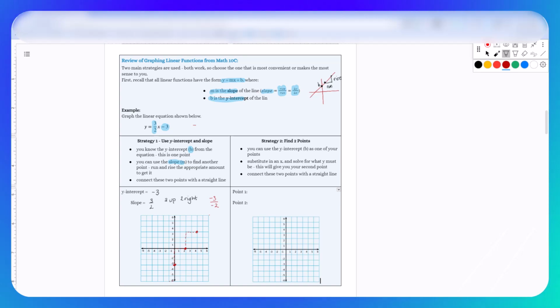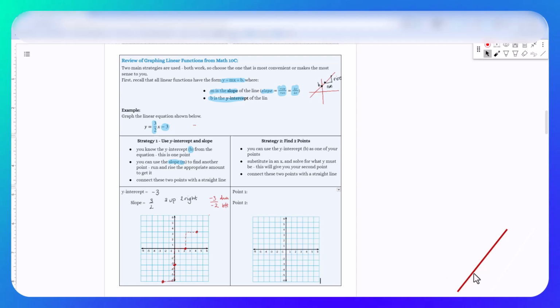So in this case, we would go down 3 and to the left 2. Noticing that still falls on the line. So let's fill it in. Take our line.